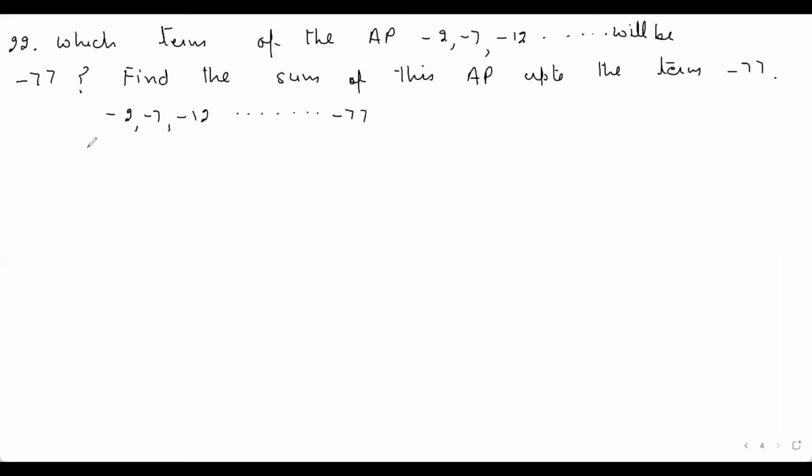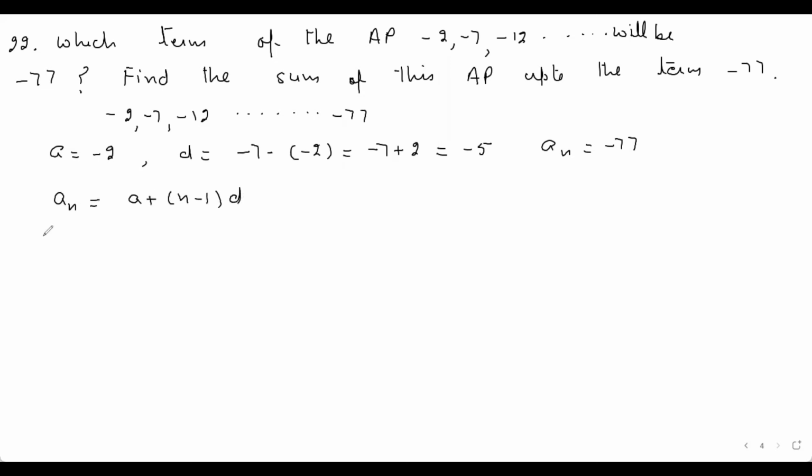So first I'm going to find n. Now here a is equal to minus 2 and d is equal to minus 7 minus minus 2, that is minus 7 plus 2, that is minus 5. And an is given, minus 77. Now write the formula for an: a plus n minus 1 d.